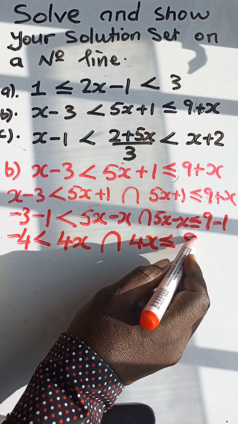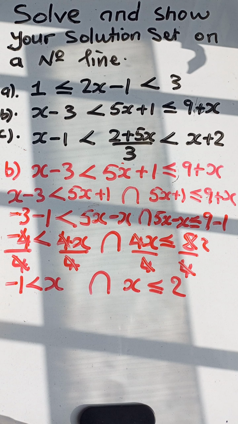At this point, 4 is positive, so I can divide both sides by 4, and 4 cancels. So I have negative 1 less than x, intersection x less than or equal to 2.